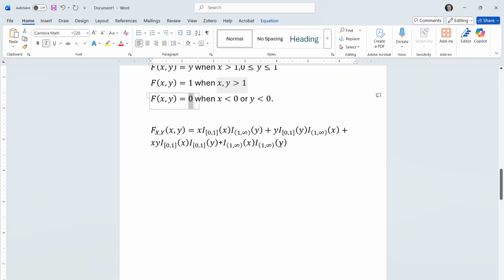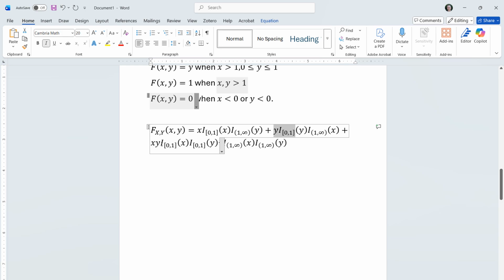So when we put everything together, we get that the joint CDF of x and y is going to be this kind of complex formulation of indicator functions and values of x and y. So, for example, when x is between 0 and 1, but y is greater than 1, we just get the value x. When y is between 0 and 1, but x is greater than 1, then the CDF equals y.